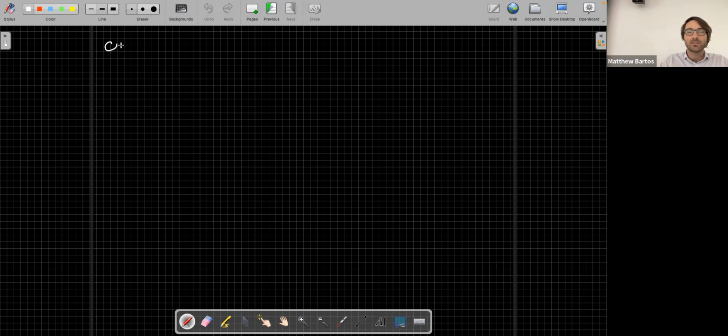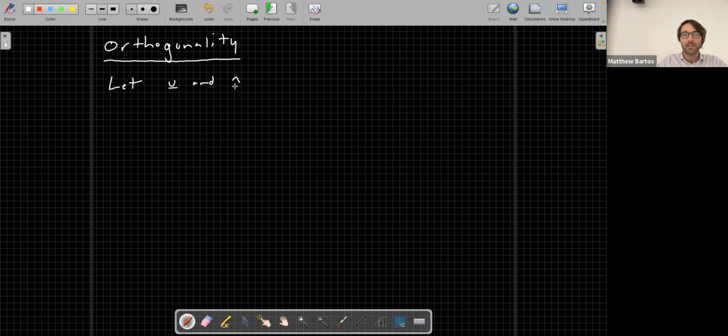So the first thing I want to talk about today, just finishing up what we were talking about last time with inner products, is I want to talk about orthogonality of vectors. So this is something that may be familiar to you from undergraduate linear algebra. If we have two vectors, u and v, so let u and v be two vectors in a vector space with a valid inner product.